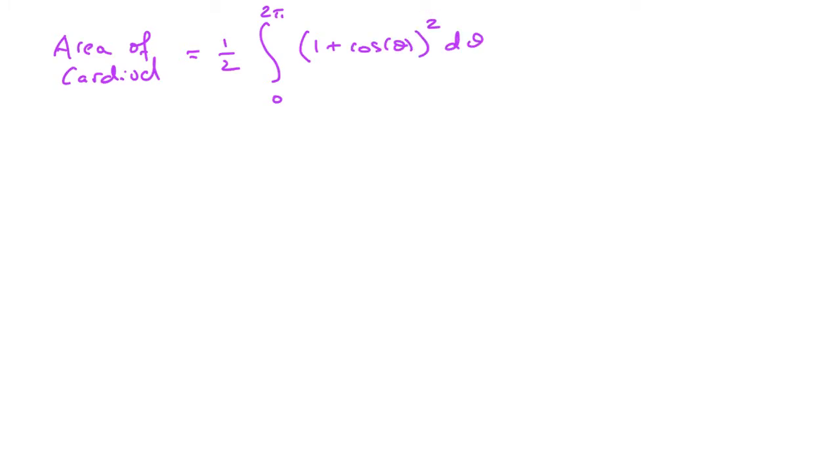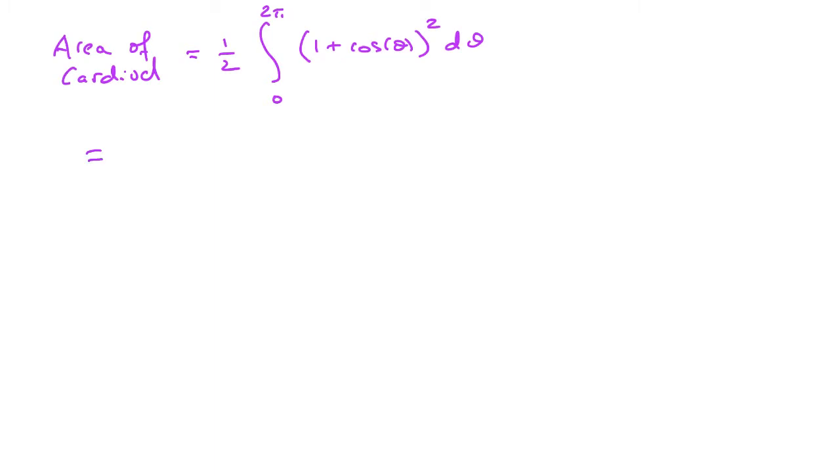For the area inside the cardioid, we have 1/2 the integral from 0 to 2 pi of r squared, and our r squared looks like 1 plus cosine of theta, and that squared, d theta.